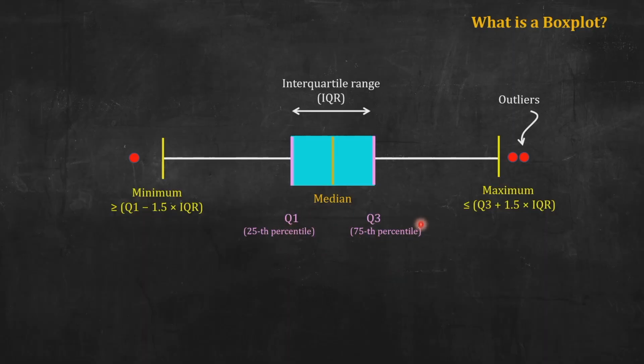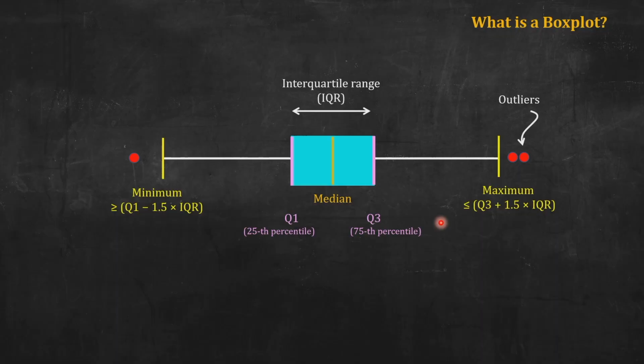I have the median of the data, you go to the higher side, take the median of that, the middle point of that. That is my third quartile. So one edge of the box is quartile 1, the middle line is the median or quartile 2, and the upper edge of the box is quartile 3. And you can easily understand that the distance between quartile 1 and quartile 3 is called the interquartile range or IQR.